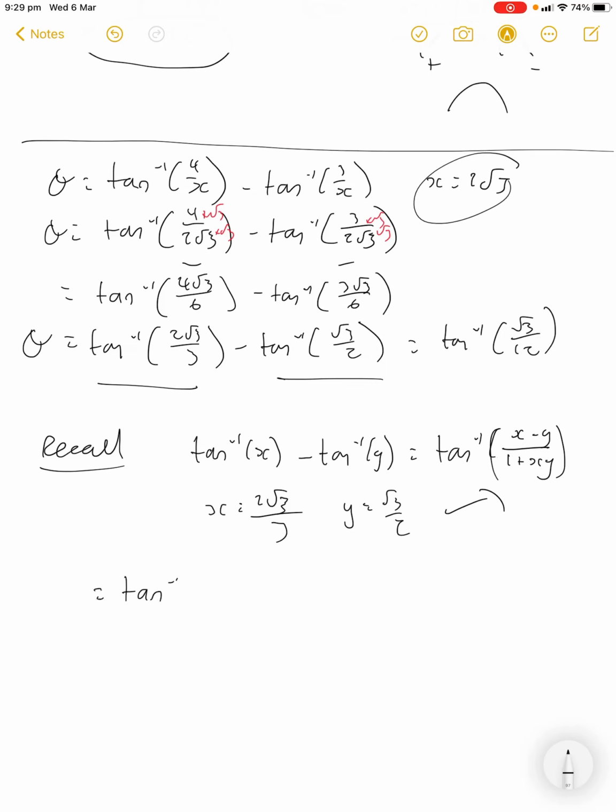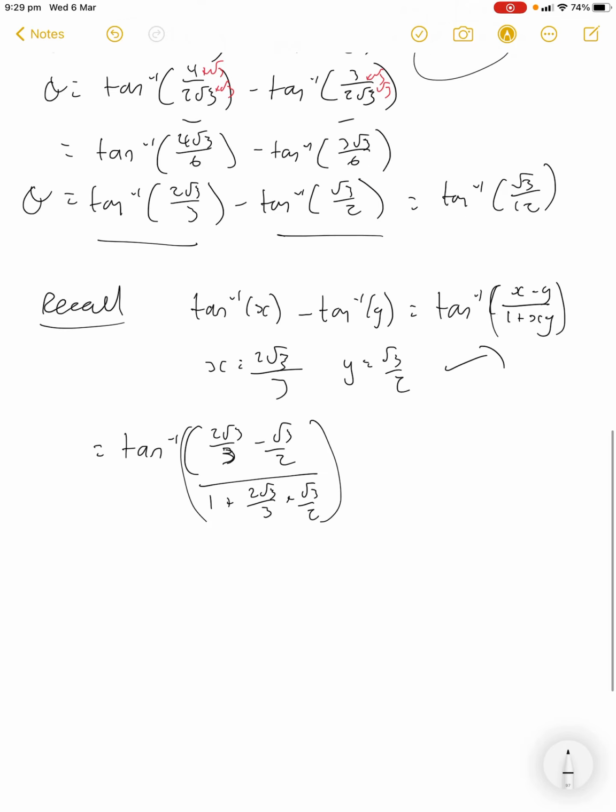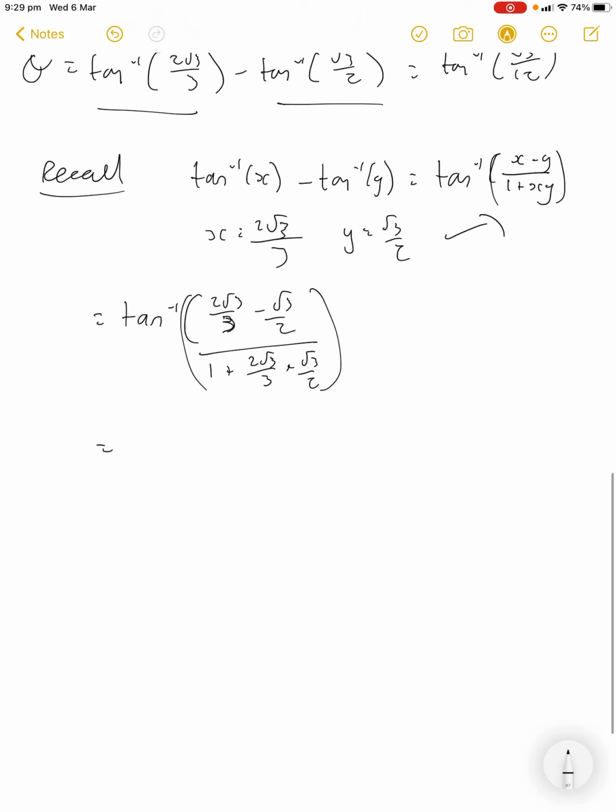Equals the inverse tan of 2 root 3 over 3 minus root 3 over 2, divided by 1 plus 2 root 3 over 3 times root 3 over 2. Let's clean up that numerator first. Subtract these two fractions.